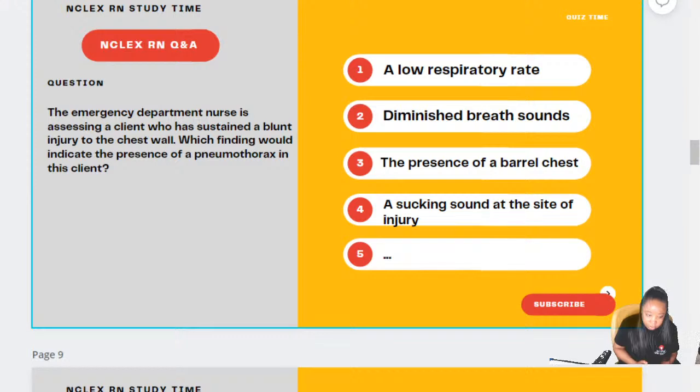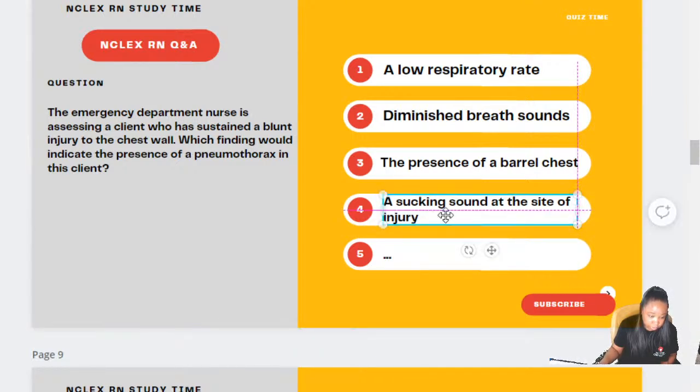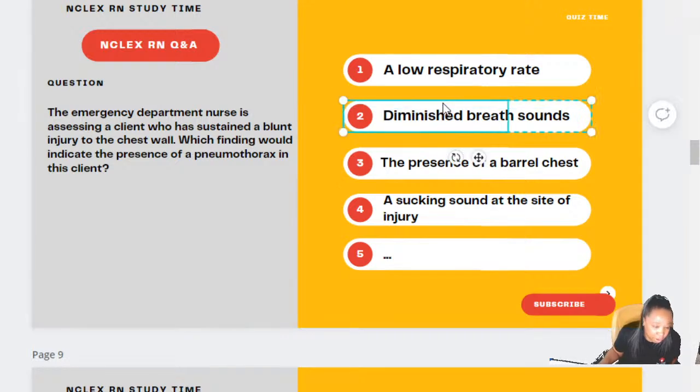Do you think that's possible? Mostly that might happen if there was liquid, you will hear that sound. This is not something you will hear in a patient with pneumothorax. So the right answer for that question is a diminished breath sound.